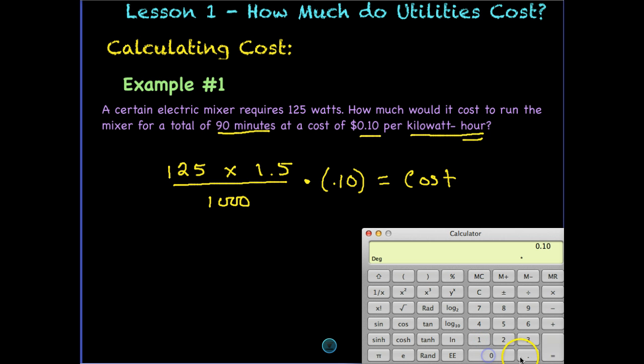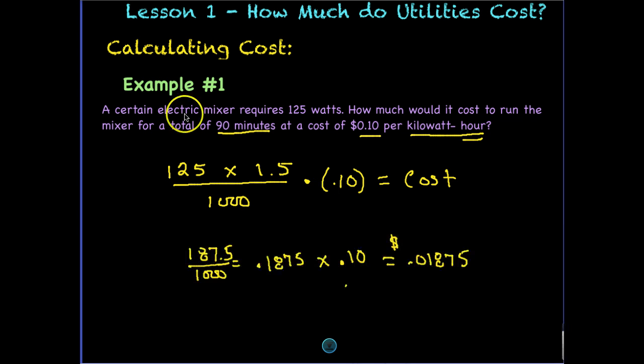So times 0.10 tells us that we are going to be charged about 2 cents is all.